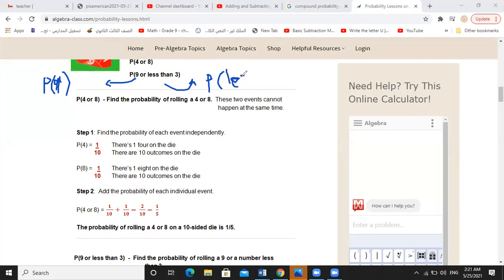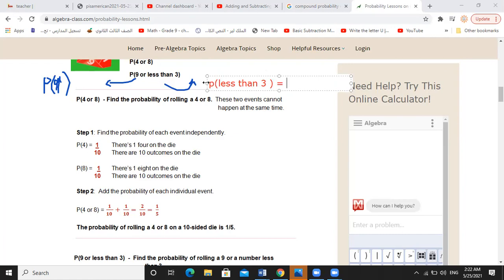So how many numbers can you find that are less than 3? The numbers, as you said, will be 1 and 2, right?